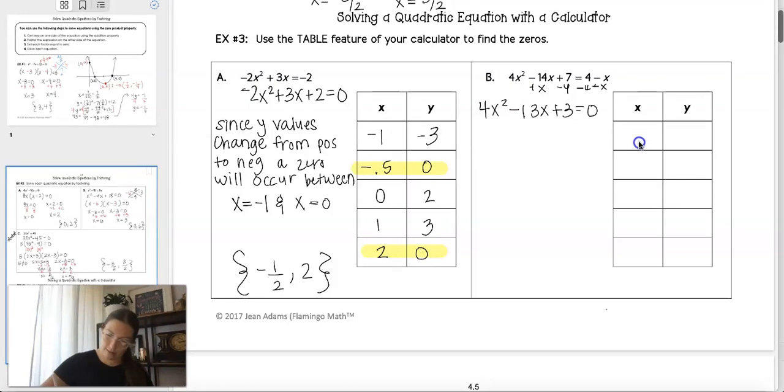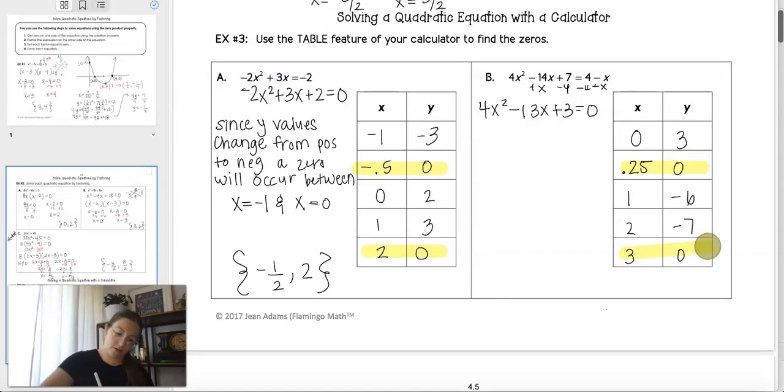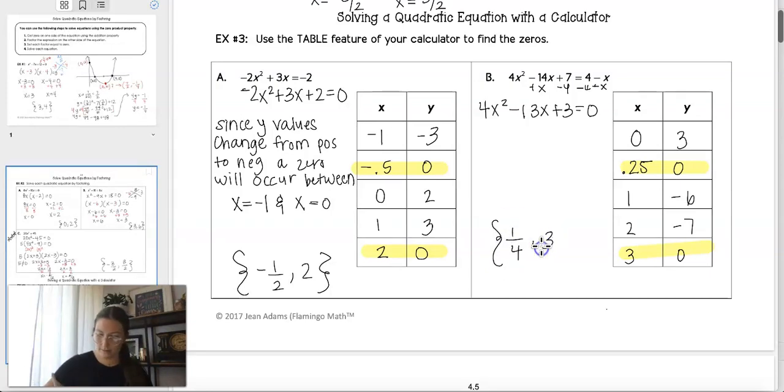So we had 0, 3, and then we had 0.250, and then we had 1, -6, we had 2, -7, and then we had 3, 0. So we were able to find both of those zeros here and here. So the zeros to this quadratic would be 1/4 and 3.